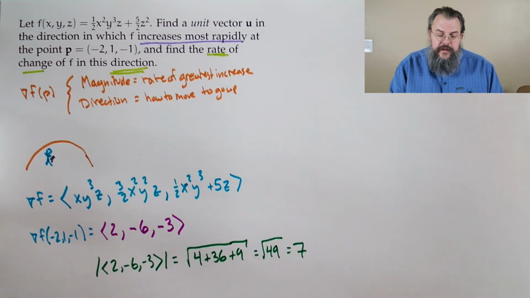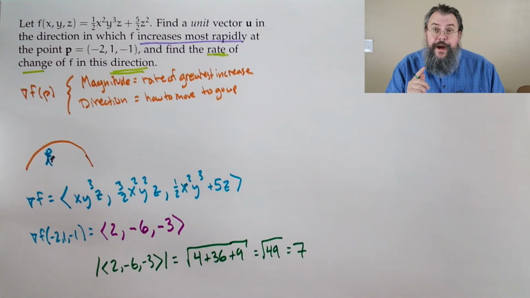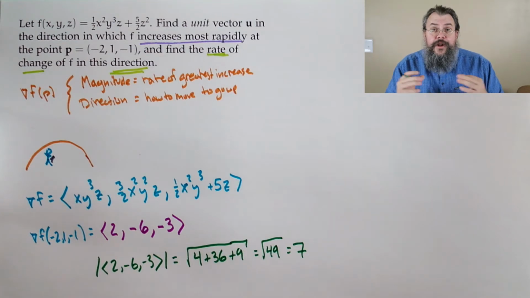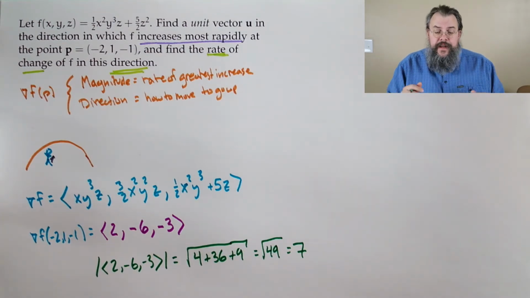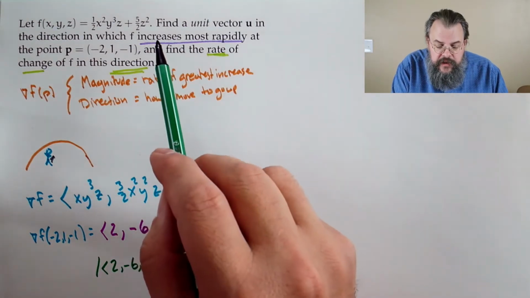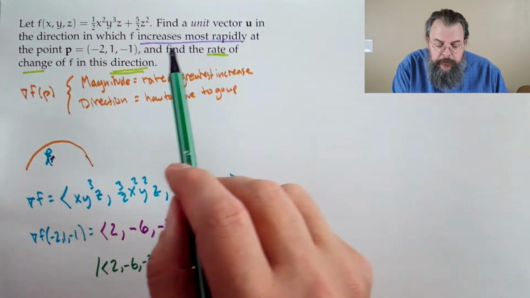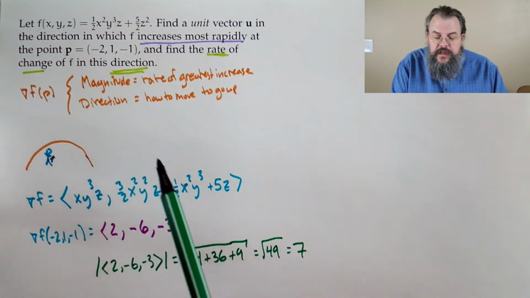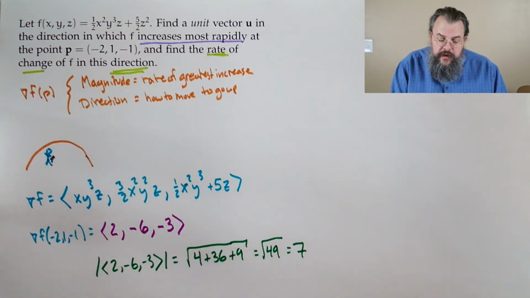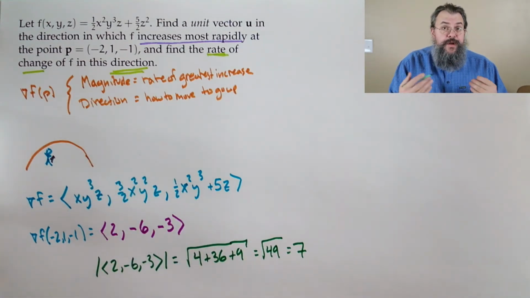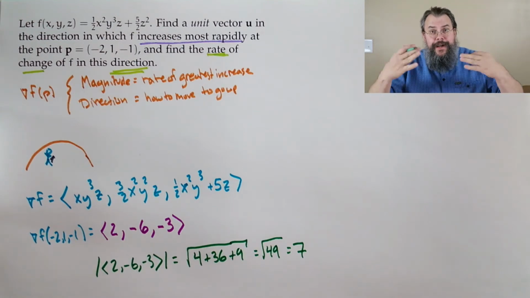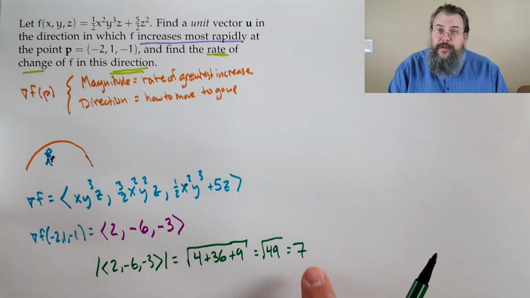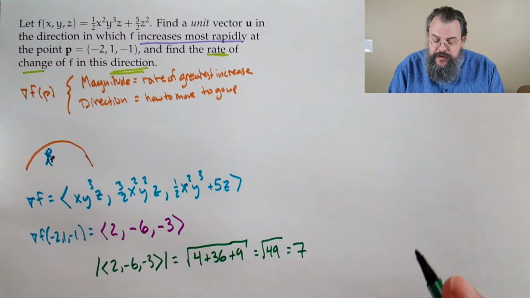All right, good. So now we're ready. In fact, the only thing left for us to do is write our answer down. So it says, find a unit vector u in the direction in which we're increasing most rapidly. The direction is from the gradient. So we say, okay, this is the right direction, but not a unit vector. All right, so we scale it down, so we scale by a factor of 1/7.